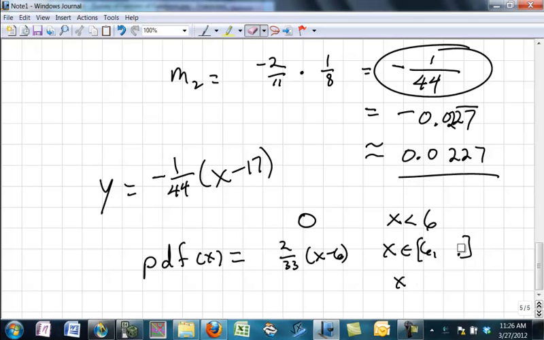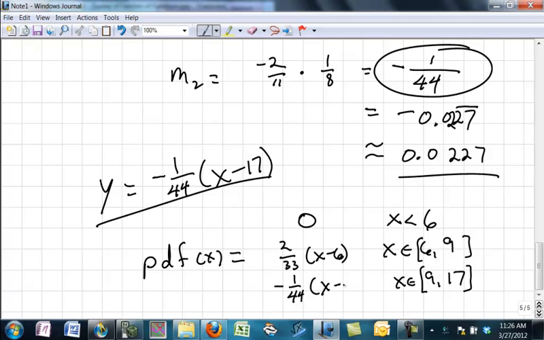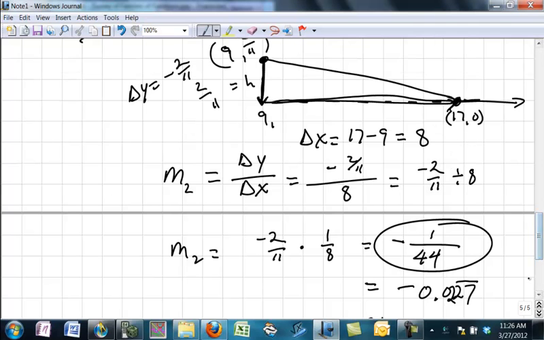Up to the mode, which is 9. Then from 9 up to 17, the formula changes to this new version here, negative 1 over 44 times x minus 17. And then it's 0 again for x greater than 17. And so we actually get a piecewise defined function for the PDF.